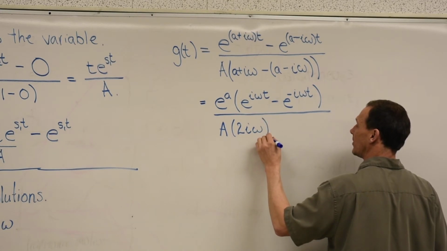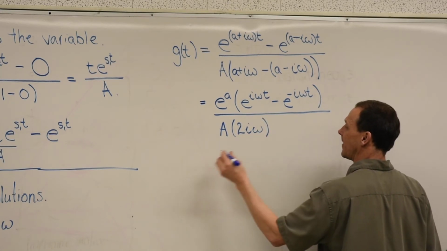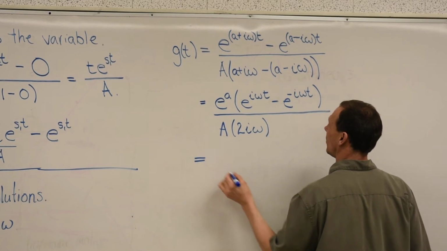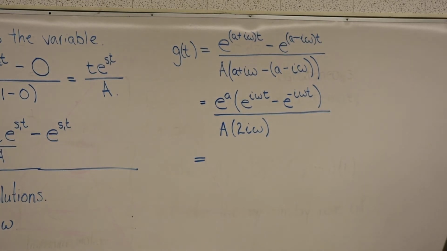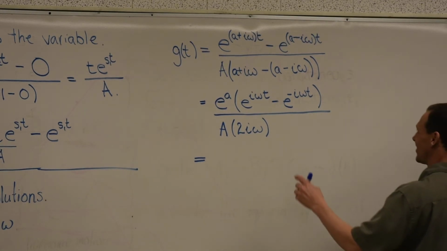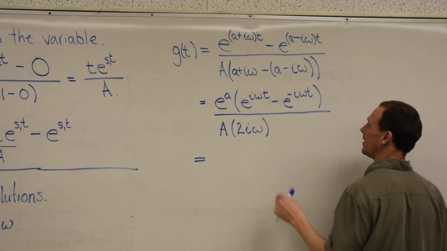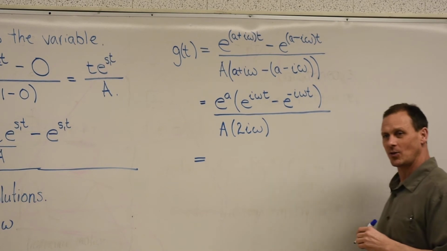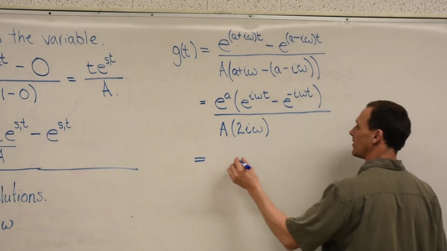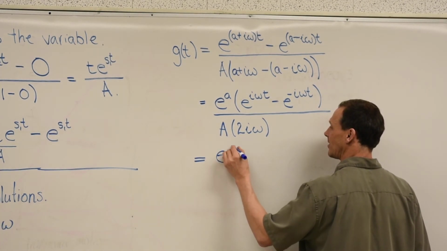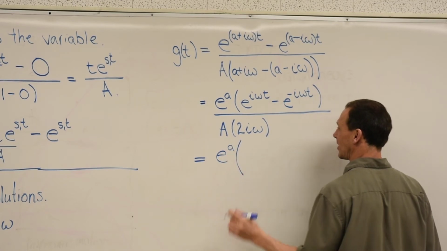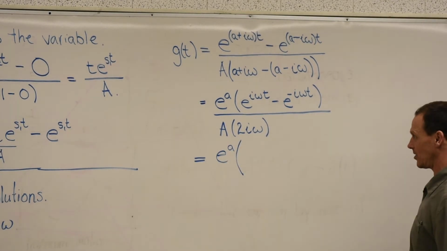Oh, interesting. Oh, I think I see what's going to happen. Do you see what's going to happen? No. Oh, good. Well, I'll show you. Check this out. What is this? e to the i omega t. Well, that's where we use Euler's identity. So we can write this as e raised to the a, and I'm going to do a big set of parentheses, and then we're going to collect terms.